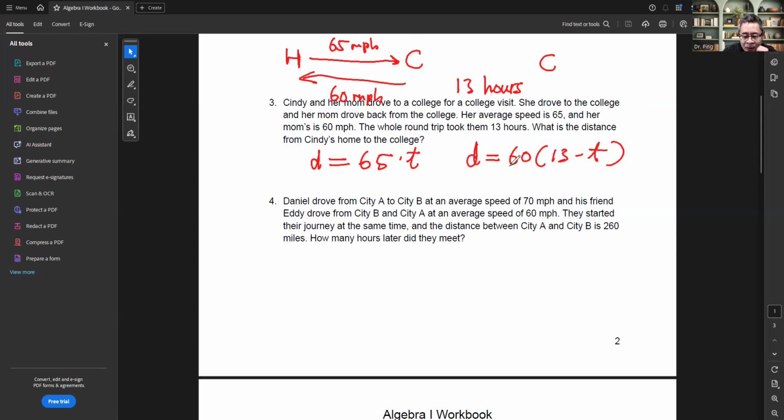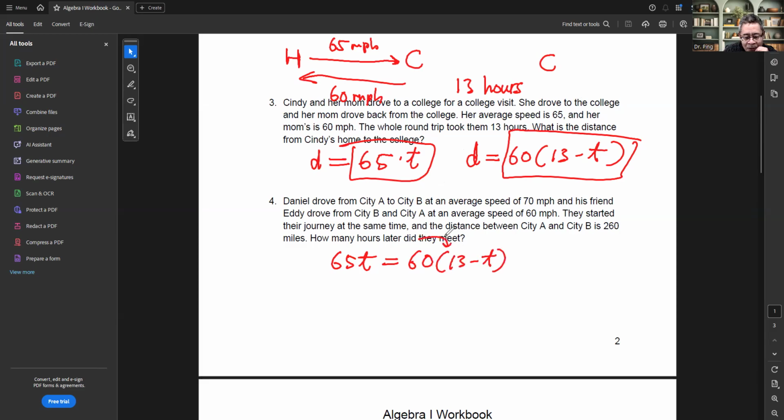Okay, so now those two parts are equal, assuming that we go there and come back around the same route. So therefore we got 65t equals 60 times 13 minus t, and that gets distributed to 60 times 13. Sometimes I don't calculate until later, so I'll show you that.